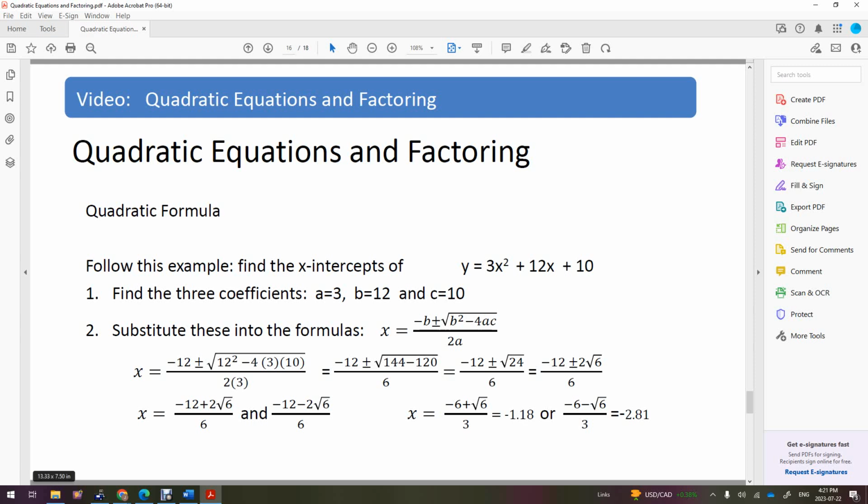So we have two choices, in simplest terms: negative 6 plus square root 6 divided by 3, and that's in the exact form, but we can break it down into negative 1.18, which is an approximate form, or negative 6 minus square root 6 divided by 3, which is negative 2.81.